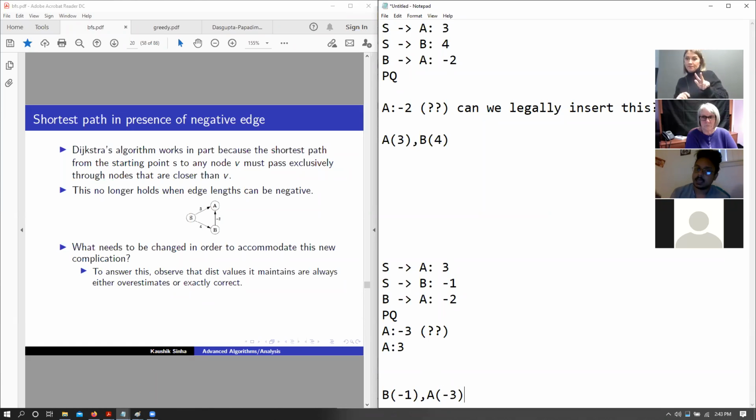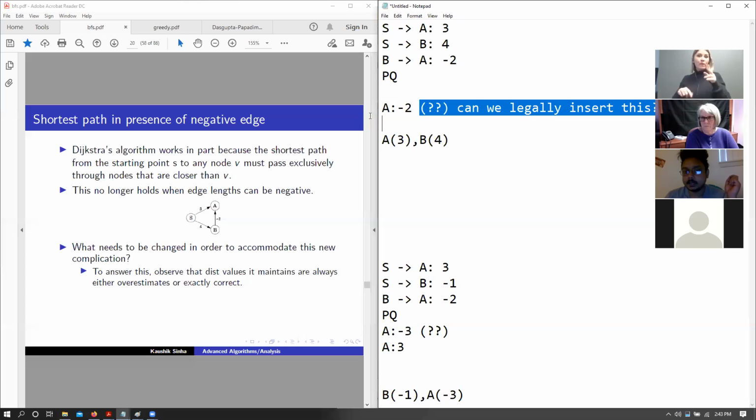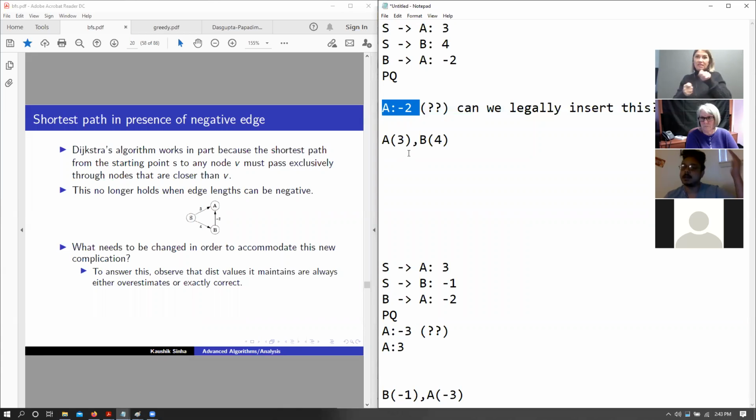This is fine. And if we are following the correct route, remember both of these algorithms are Dijkstra algorithms with negative weights. So if we are following the correct, so to speak, route, in that scenario, the route is S to B and B to A. Then this works and we have the correct tree. However, there are cases where we cannot add a particular vertex because we have already expanded it.